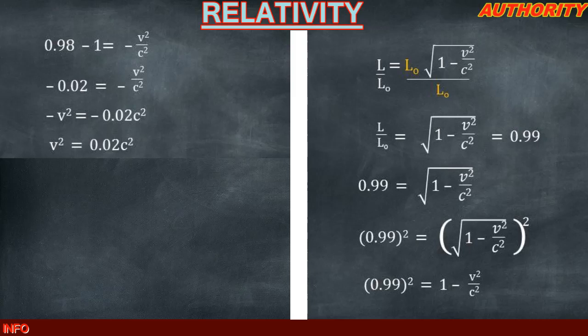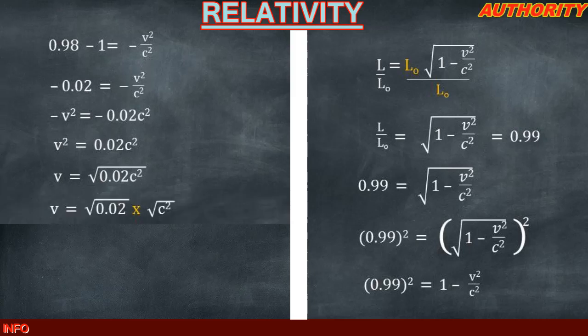Then we take the square root of both sides so that this square will go. So taking the square root of both sides, we are going to have v is equal to the square root of 0.02 c squared.